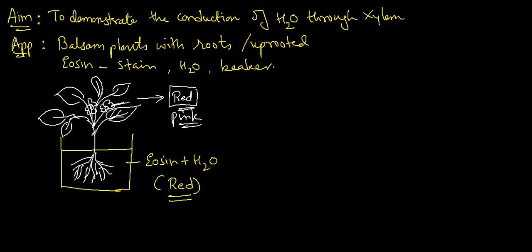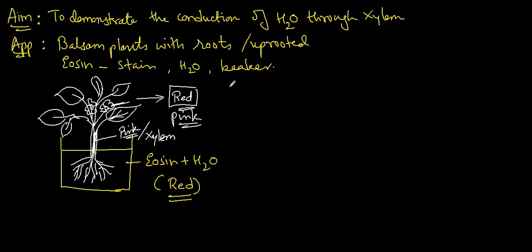Even if you cut the stem, the center vessel of the stem is also reddish pink, because that is nothing but what? Xylem, which is conducting water and supplying it to the different parts of the plant in the upward direction.